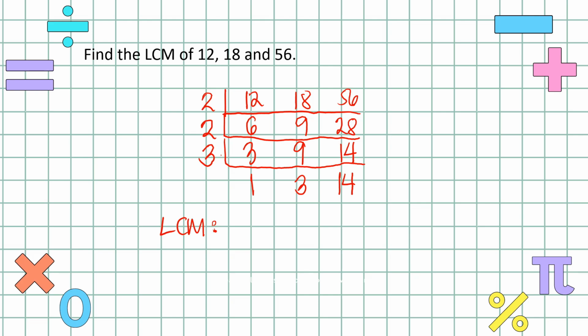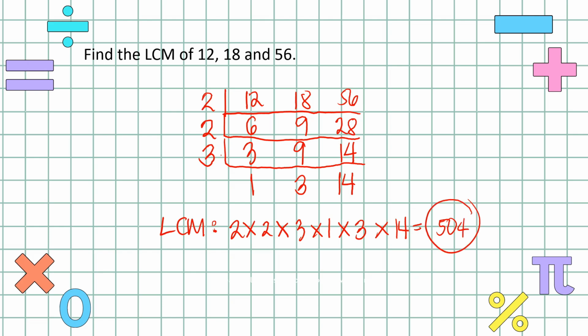So we'll multiply 2 by 2 by 3. That's already 12. By 1, so still 12. Multiply it by 3, that's 36. And then 36 times our last number, 14, will give us 504.